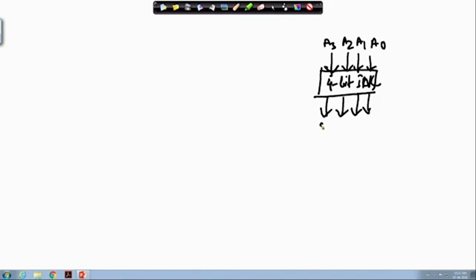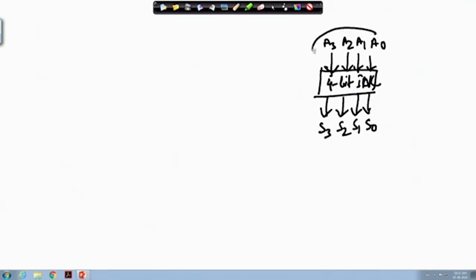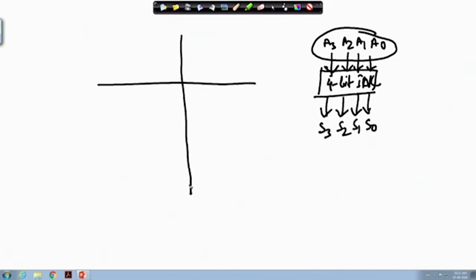At the output I will get S3, S2, S1, S0. I need to design this incrementer in such a way that whenever I give any 4-bit input, I get an increment by 1 in each cycle, right. So what do I have to do? Where do I need to start?